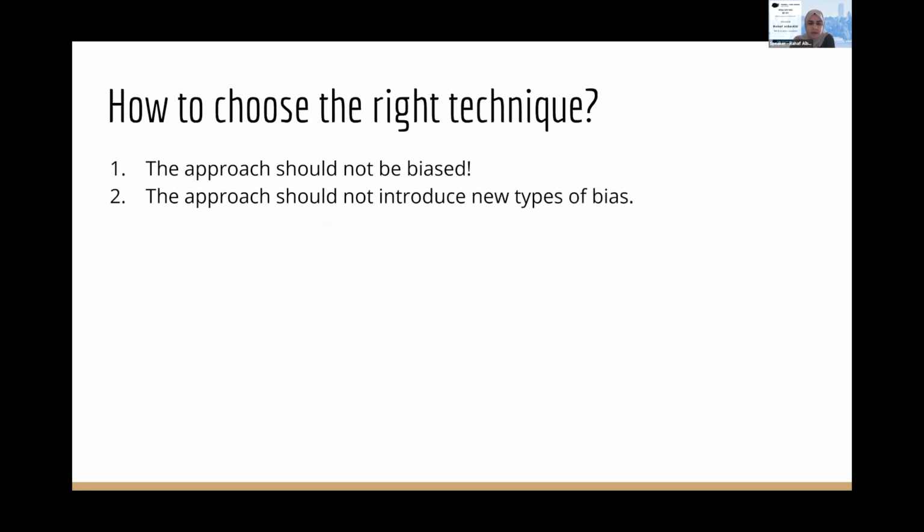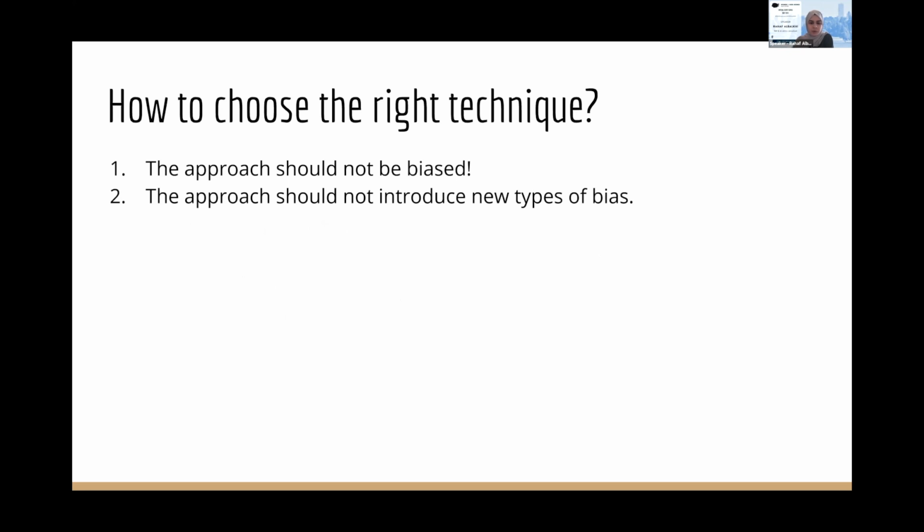The second point to look into when you're trying to build your technique is that the approach should not introduce new types of bias. That's when we're talking about synthetic data, and we were saying that it might introduce new types of bias.